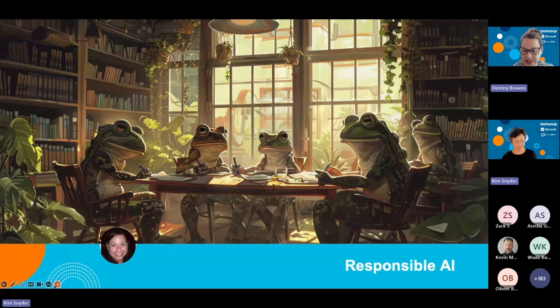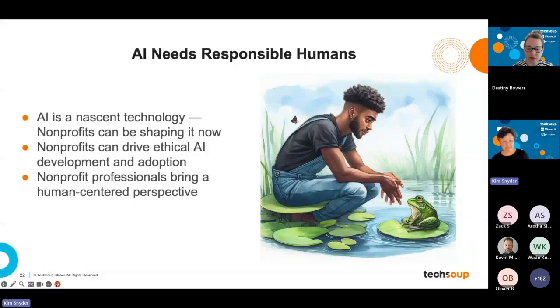Is our information safe if we use AI? Are we worried about what's going to happen when we use AI? That's where we want to talk about the people side and the responsible use of it. So on the next slide, people always need to be involved.